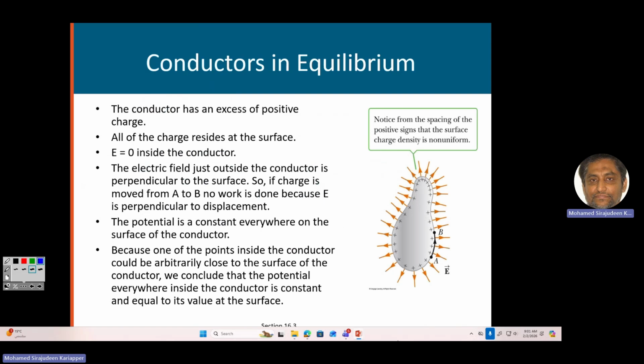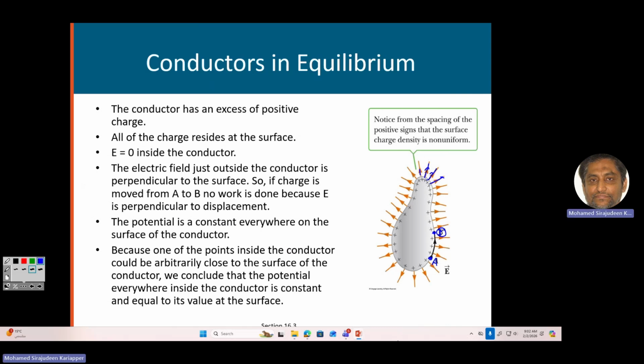Let's say the conductor has an excess of positive charges like that. We said the electric field will be perpendicular to the surface like this. And let's say you want to take a charge from point A and bring it to point B. What will be the work done?